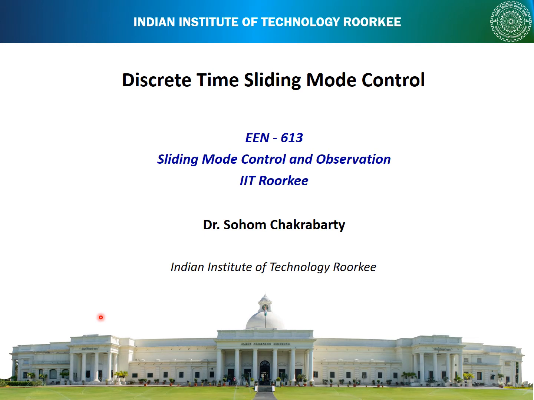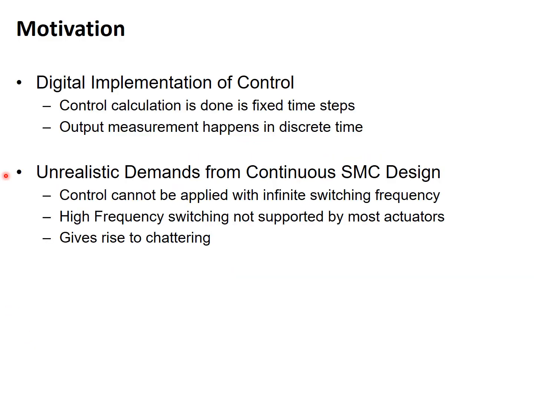So anyway, let us start with the discrete time sliding mode control. What is the motivation behind proposing the discrete time sliding mode control? Why were we not satisfied with continuous time sliding mode control? That is what we have to first look into.